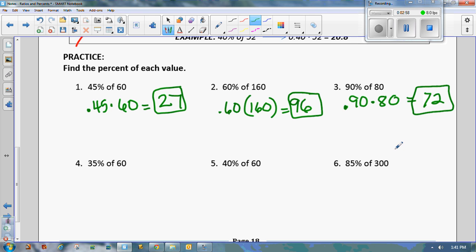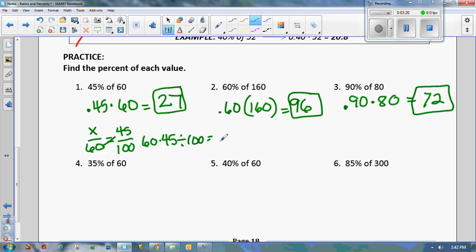Now, if you wanted to do it proportionally, again, you can take your value that you know, put x over it, set that equal to your percent over 100, cross multiply, so we'd have 60 times 45 divided by 100.